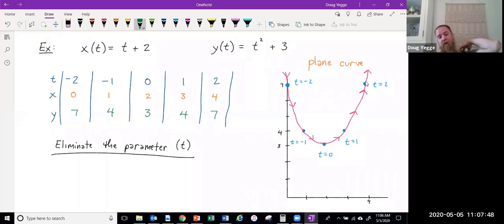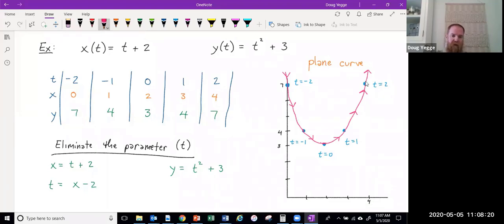And then once we do, we plug that into the other equation, and then we should only have an equation with y's and x's. So we're going to start off over here with x equals t plus 2, because it's the easy one to isolate t. That means that t is equal to x minus 2. Well, then I look over here and recognize that y is equal to t squared plus 3.